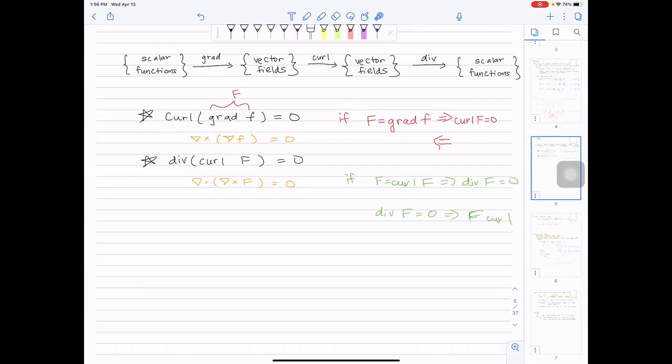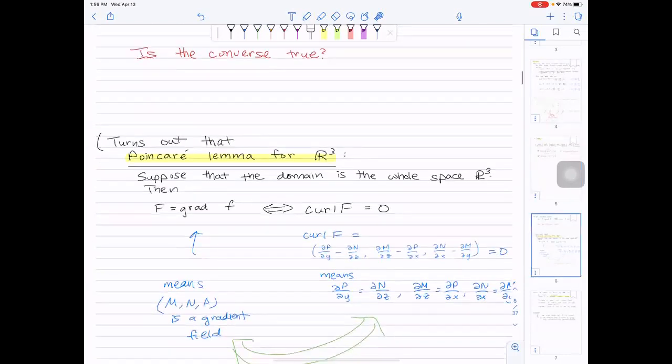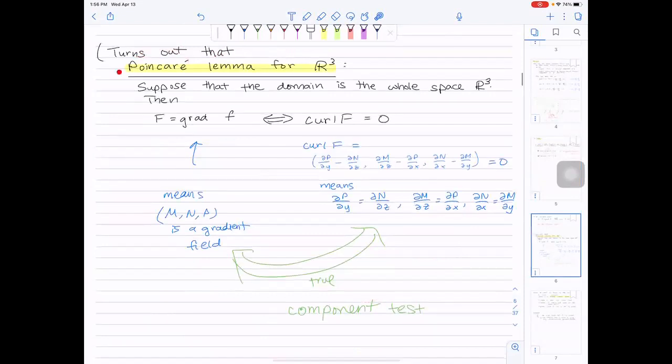So I guess this backward direction isn't a theorem. Okay. Yeah. This theorem is a defined theorem, and it's known as the Poincare lemma. So this is definitely true.